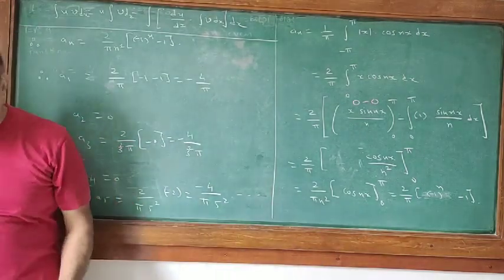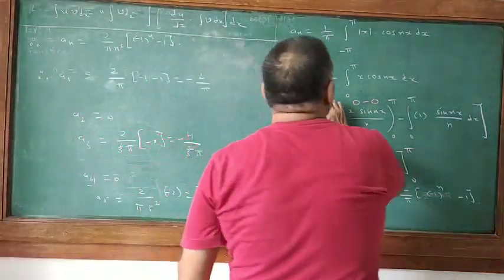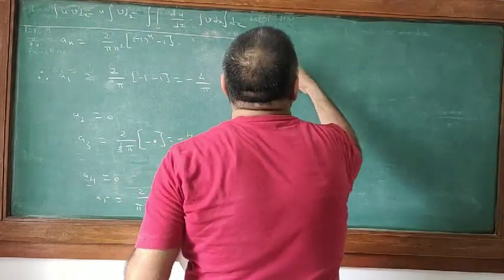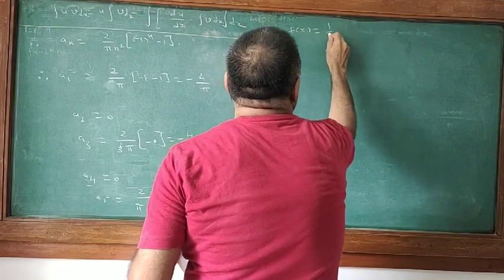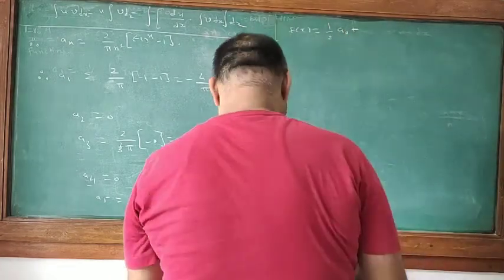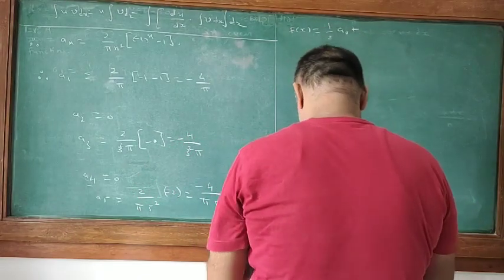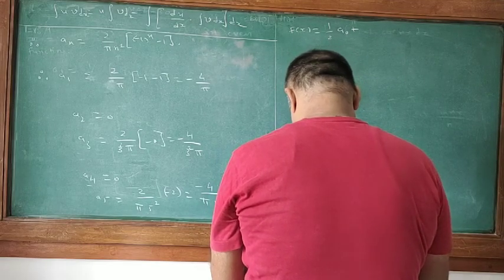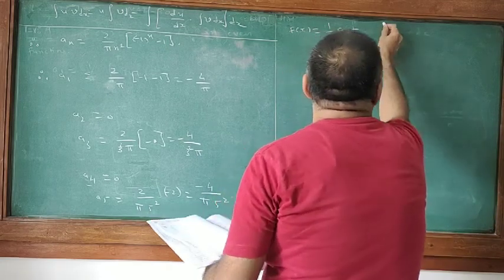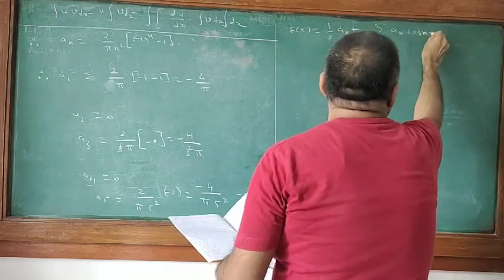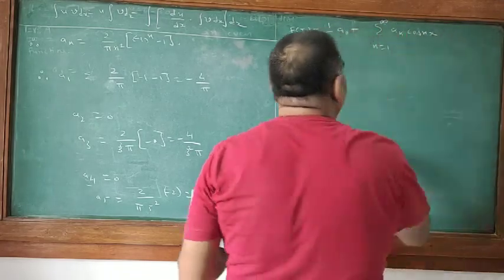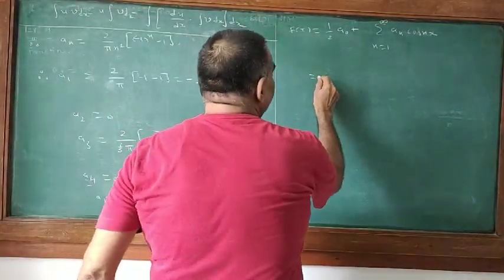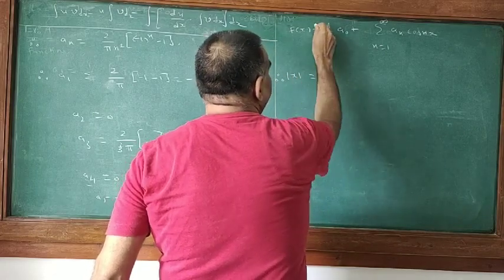Now if we put all these values in the Fourier expansion, f(x) equal to 1 by 2 a0 plus sigma an cos nx, n running from 1 to infinity, and therefore this is equal to: f(x) is mod x and this is an approximate value.